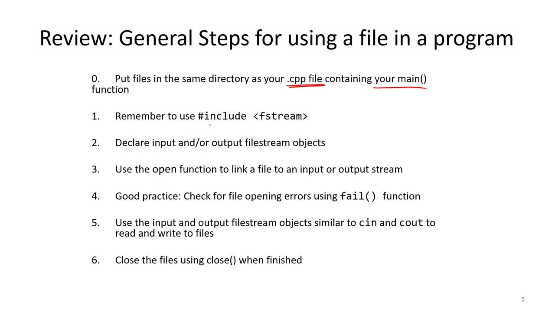You also want to remember to use the include fstream header so that you have access to all the file manipulation tools. Remember, you need to declare those input and output file stream objects using, for example, ifstream in file and ofstream out file.